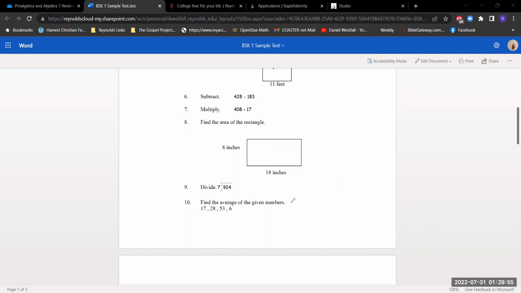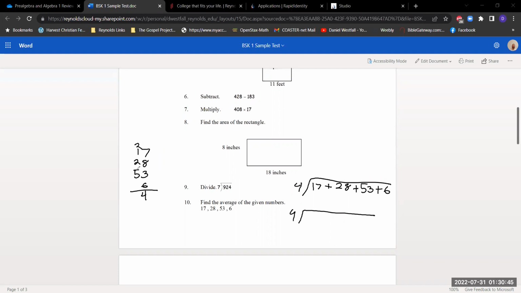If there had been a remainder left over down here, we would just write R with the remainder for right now. Now we're going to find the average of the given numbers. So we're going to add up those numbers, and then divide by the number of numbers that we have added up. So we've added 4 numbers. I'm going to have to do this addition before I can do this division. 17, 28, 53, and 6, 9, 17, and 7 is 24.